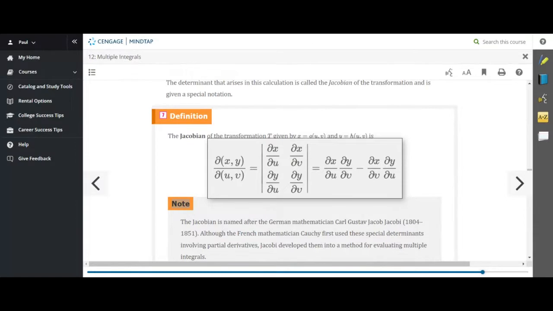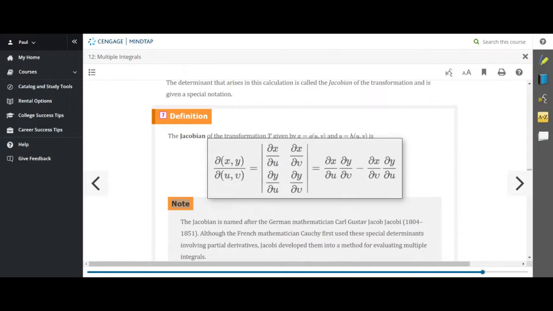I don't know if any of you has seen a Jacobian before, but it's the 2-by-2 determinant, where the entries of the determinant are those partial derivatives. That is what a Jacobian is, and it is involved when you do a change of variable with respect to a double integral.